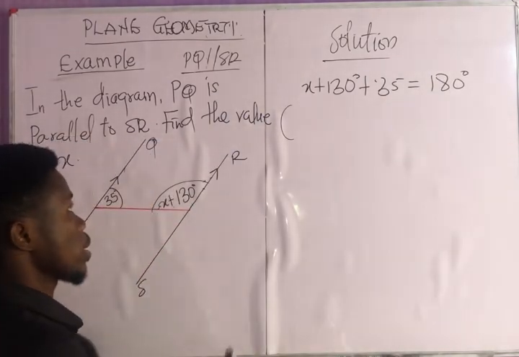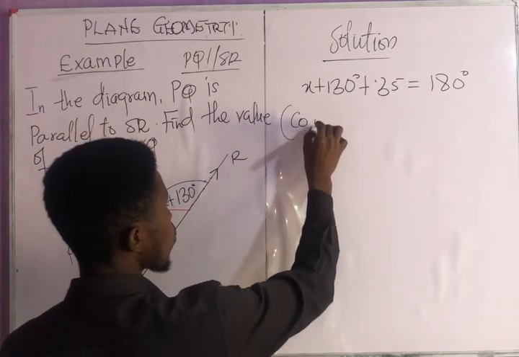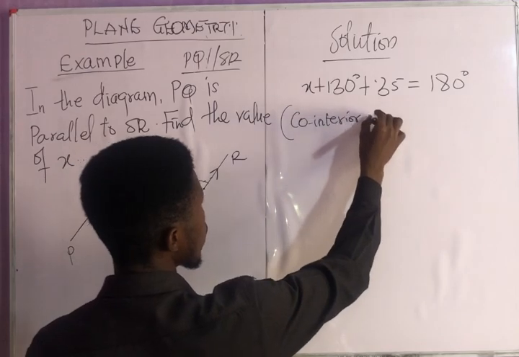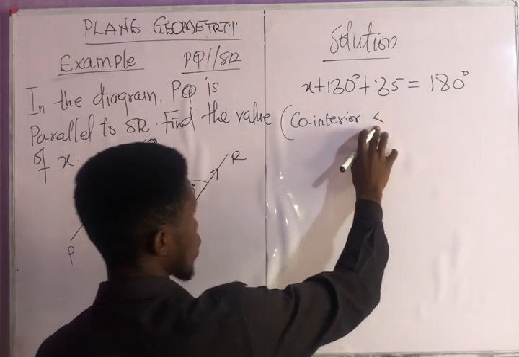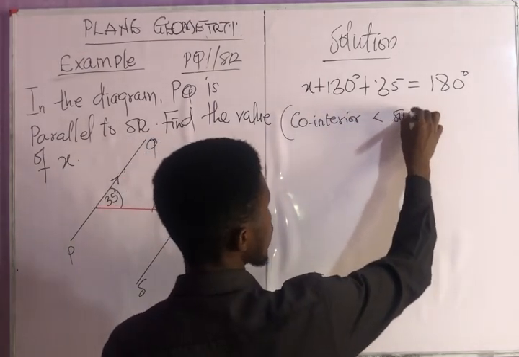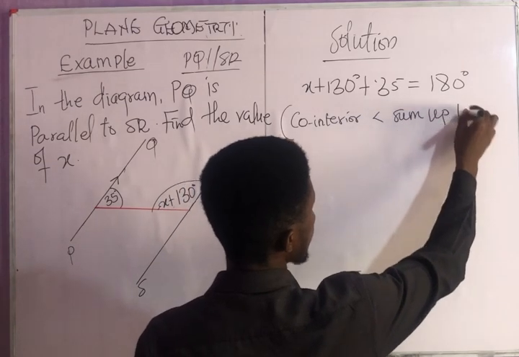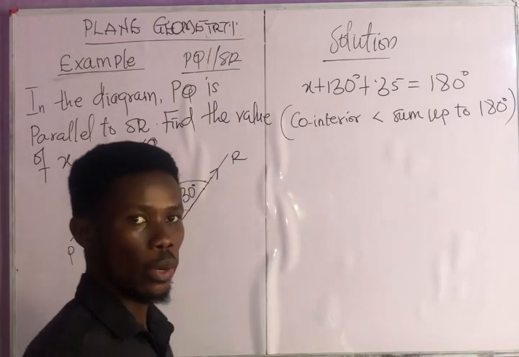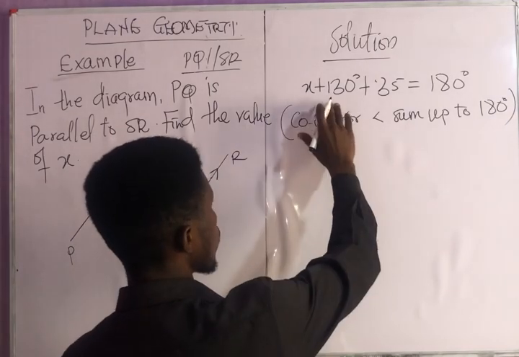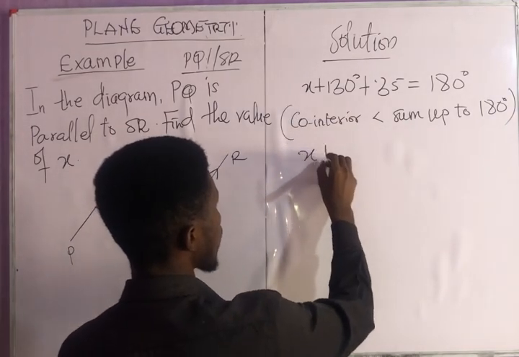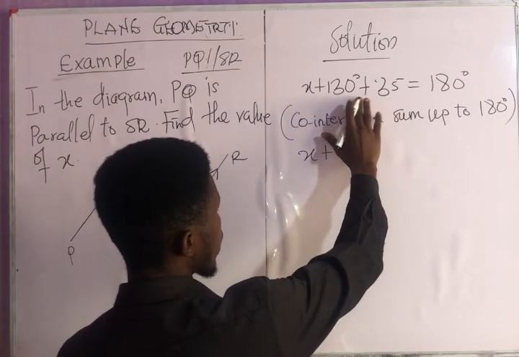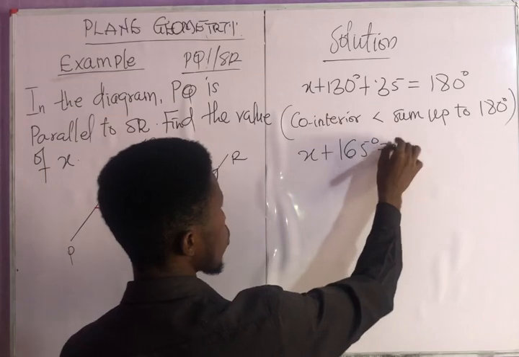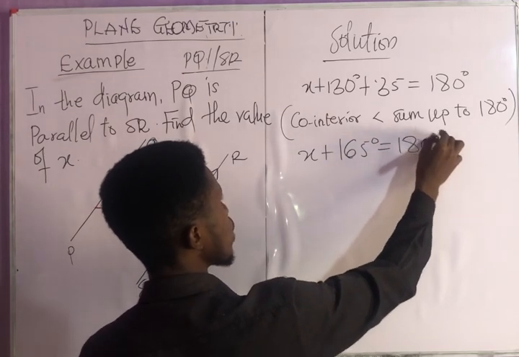The reason is that co-interior angles sum up to 180 degrees. Please write the reason. So looking at this, x plus 130 plus 35 will give us 165 degrees, equals 180 degrees.